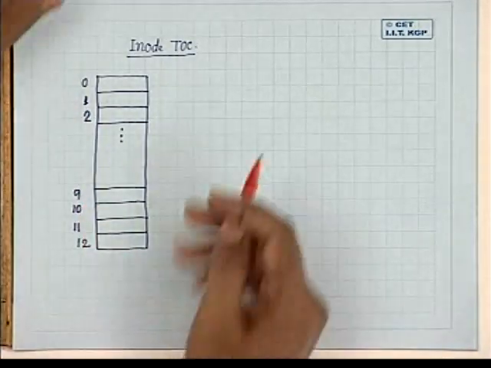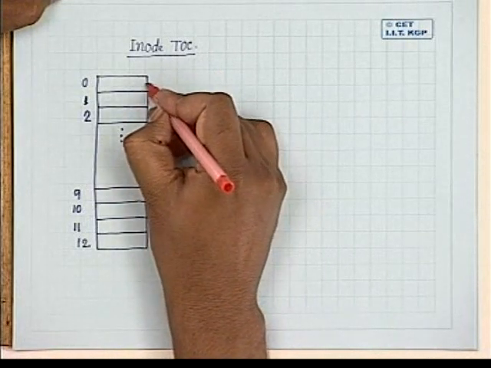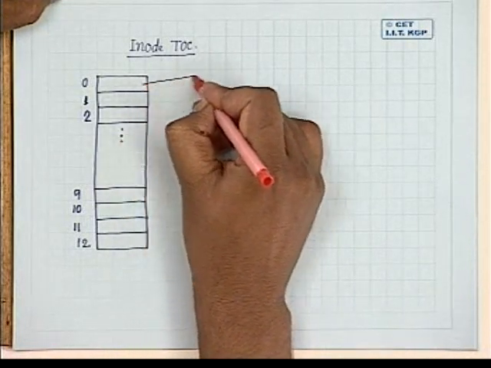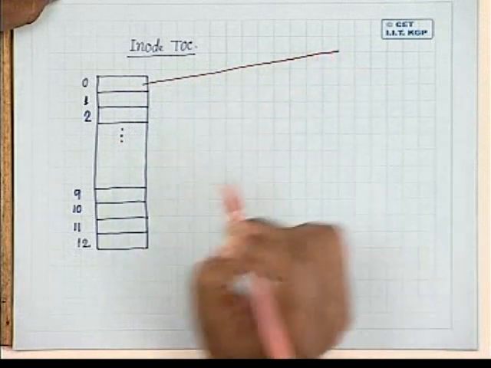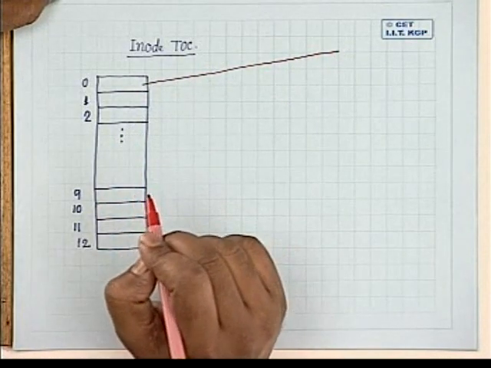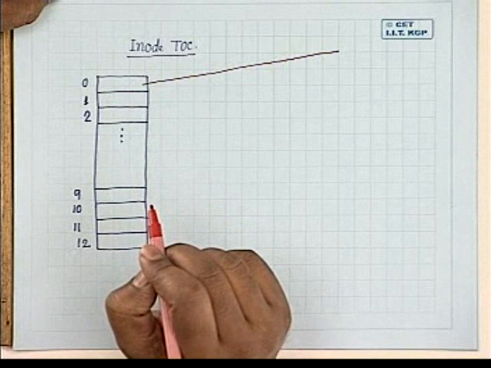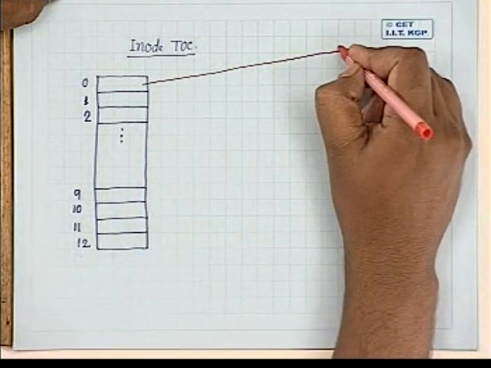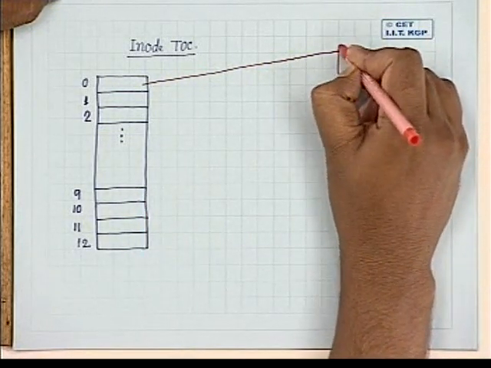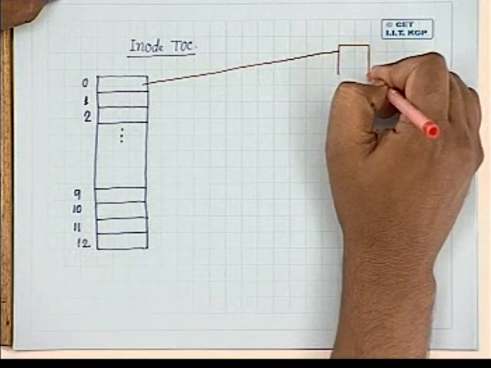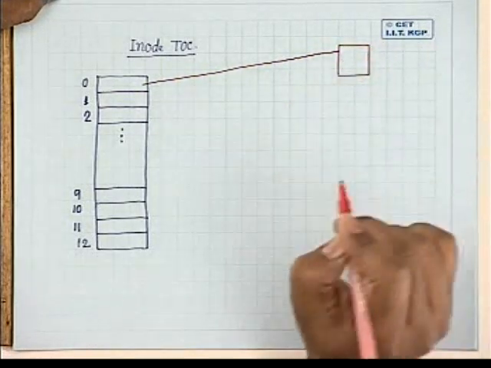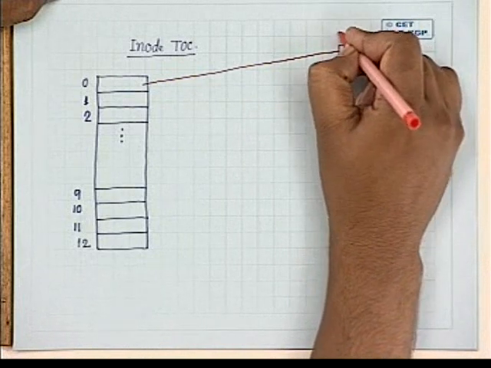When I say that this is a direct pointer, it means that the 0th entry in the inode table of contents contains the address of a block or the number of a block which contains the file data.